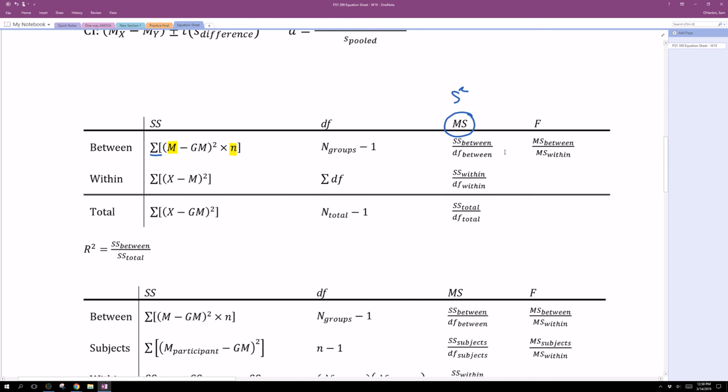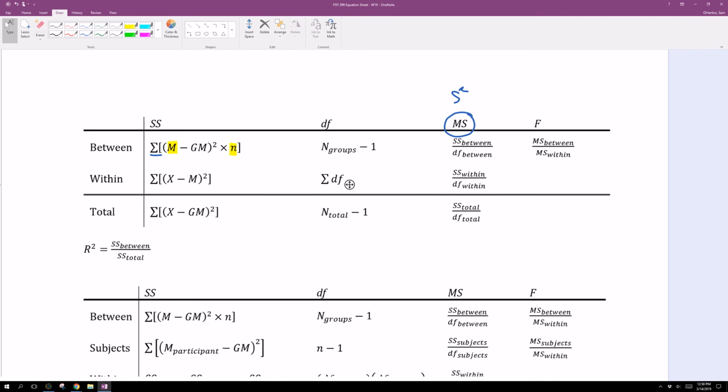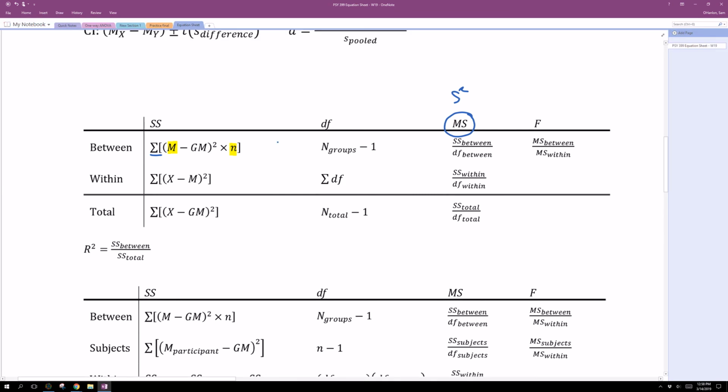So you take this first value, divide, equals. Okay, same thing over here. You have your first sum of squares, divide by degrees of freedom, equals.